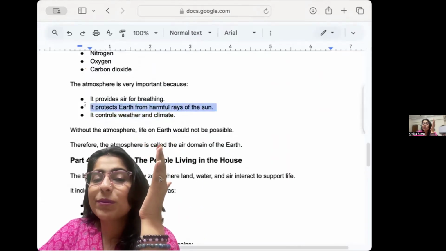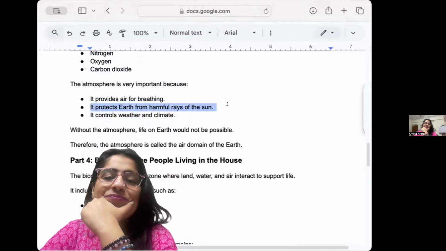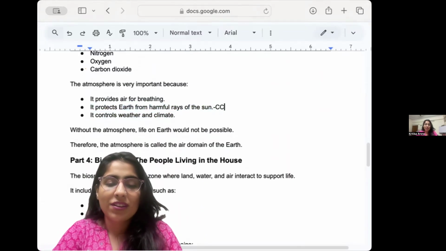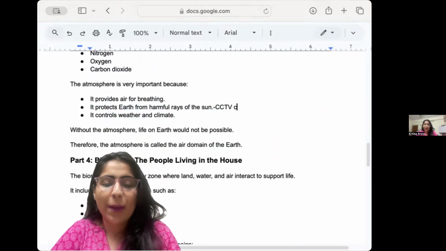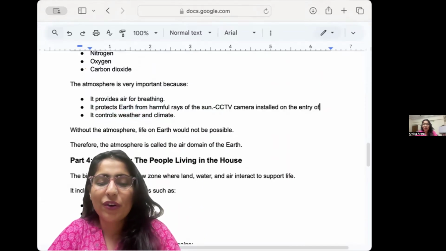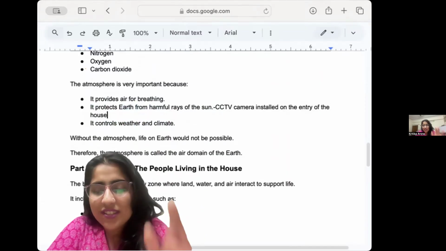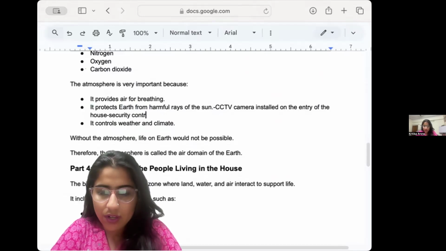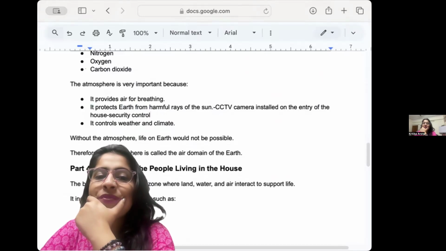This layer can be considered something like a CCTV camera installed at the entry of the house. So it's a kind of security control, I would say.